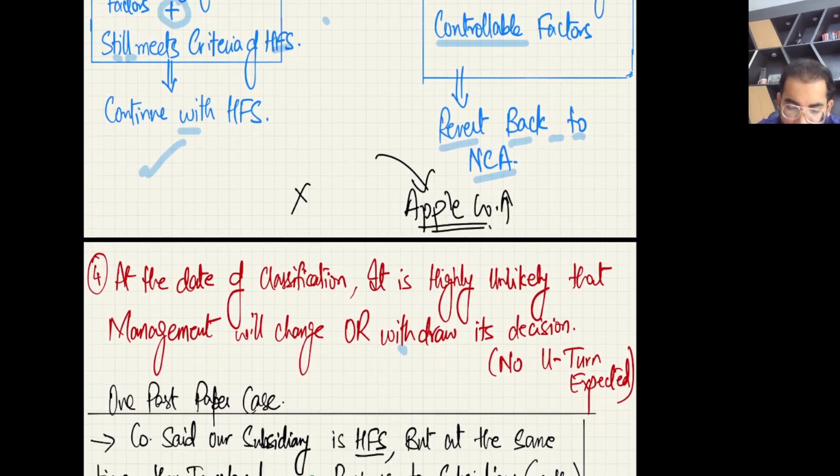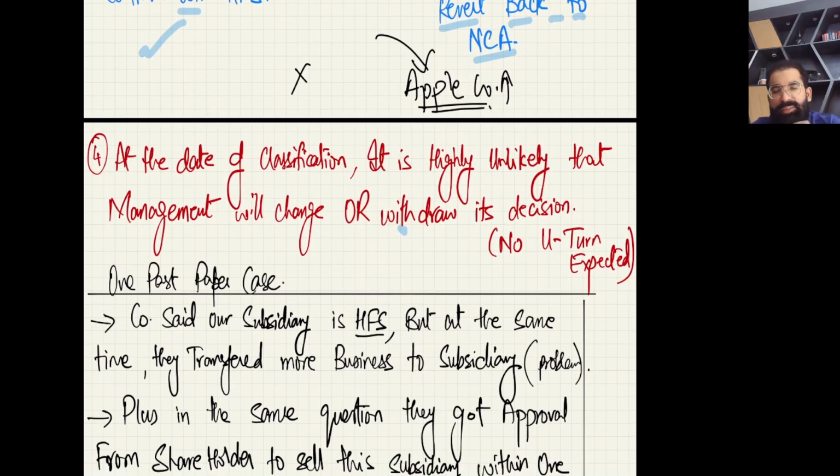Now the next thing, now the last condition. What is the last condition? At the date of classification, it is highly unlikely that management will change or withdraw its decision. Means, see the bracket, no U-turn expected. What does it mean?